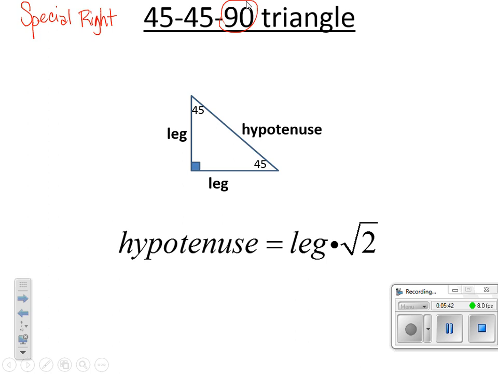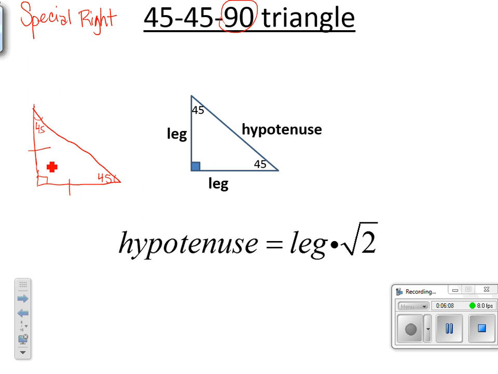Okay, I'm going to just do a little sidebar here. When we talk about a 45, 45, 90 triangle, what I do know is when the base angles are the same, what can you tell me about their side lengths? Well, it's an isosceles triangle, right?